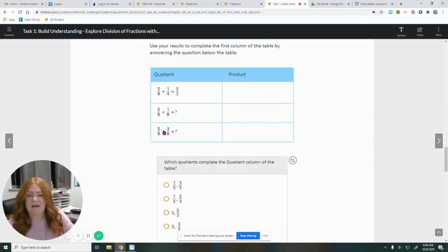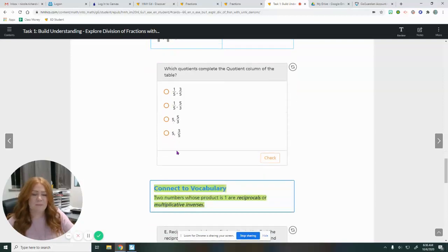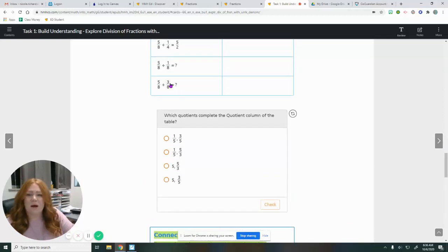See if you can figure out this problem here and match it up. I know the first one was 5, so it's got to be one of these two answers. Decide which one this last part will be. When I look at this problem, I noticed 5 divided by 3 does not work out very nicely.